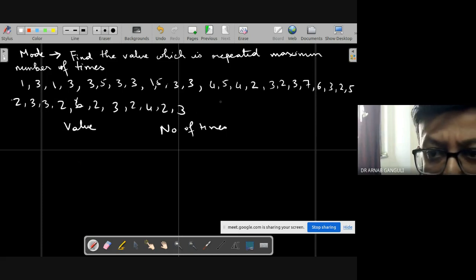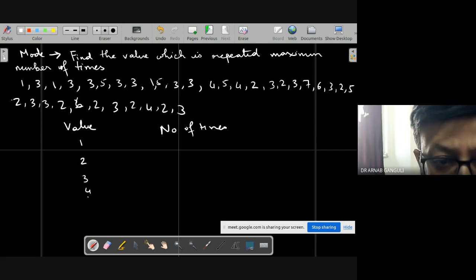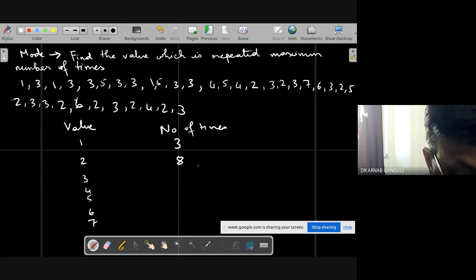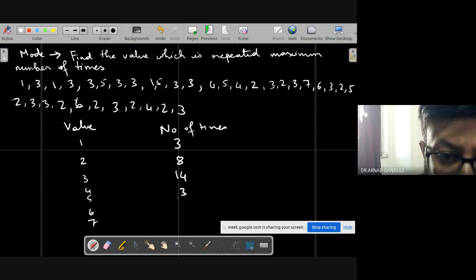You have 1 to 7 here. 1 has been repeated 3 times. 2 has been repeated 8 times. 3 has been repeated 14 times. 4, 3 times. 5, 4 times. 6, 2 times. 7, 1 time.